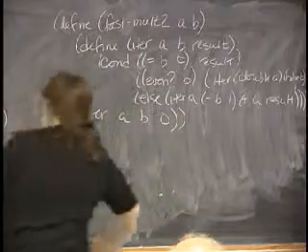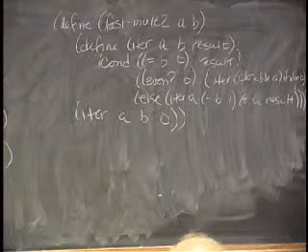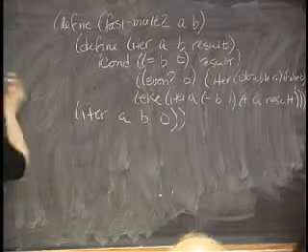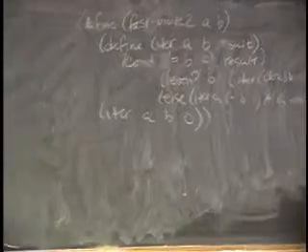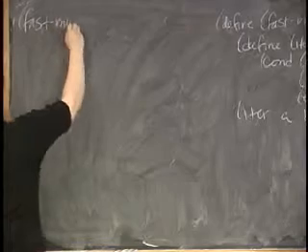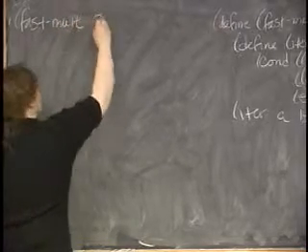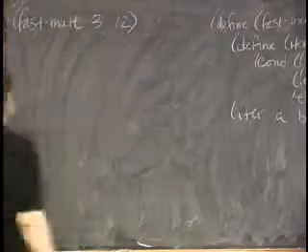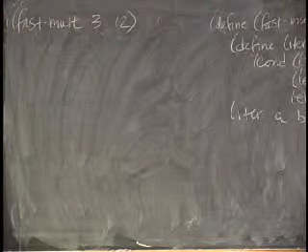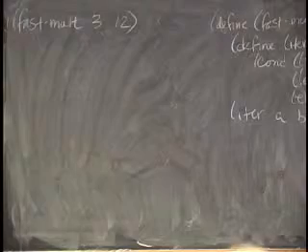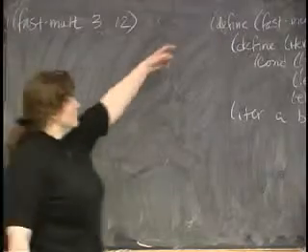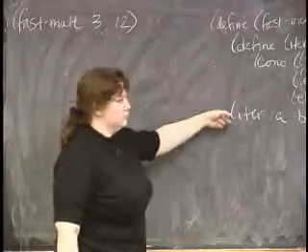So let's look at this one. Let's call fast mult on 3 and 12, same as we used before. What's our first call? What's the next line? Define.